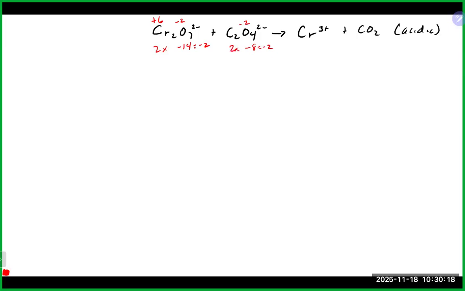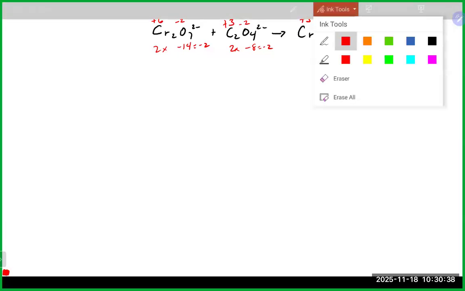So you can do a little math problem if you need, but that looks like a +3, I think will do it. Then on this side, that's obviously +3, and our oxygen here, -2, gives us -4. This equals 0. That means the carbon here is going to go with a +4 in this case.